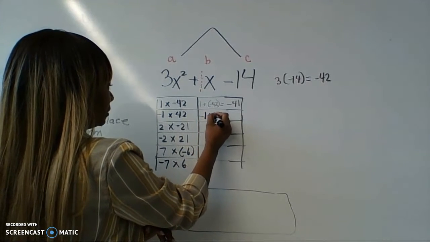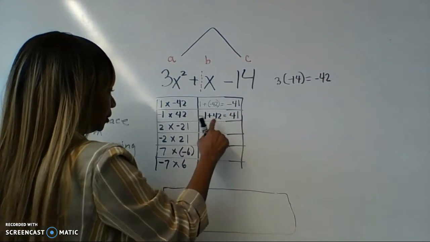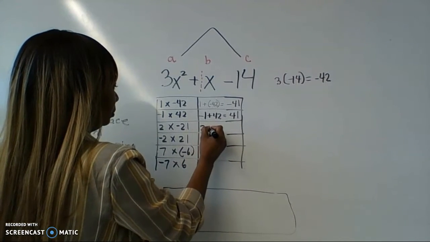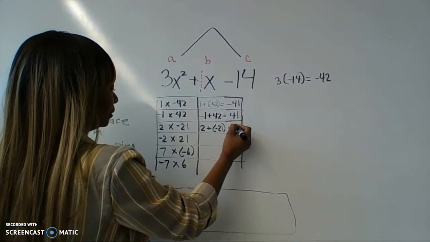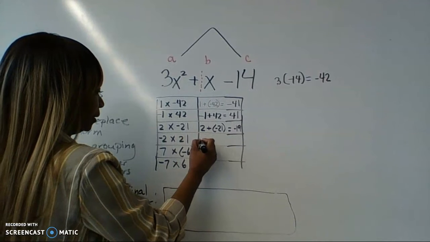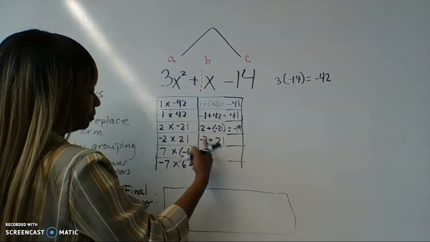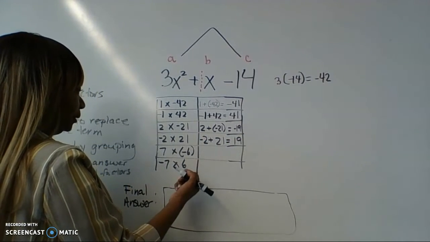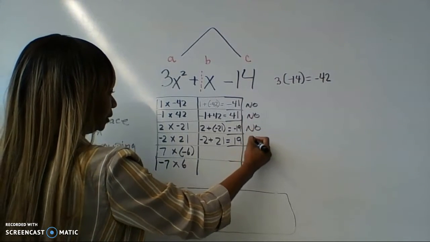Negative 1 plus a positive 42 gives me positive 41, because it's just like saying 42 minus 1. 2 plus a negative 21 gives me a negative 19. It's too big, doesn't work. Negative 2 plus positive 21 is like 21 minus 2, which is, again, positive 19. That doesn't work. So this was a no, this was a no, this was a no, this was a no.